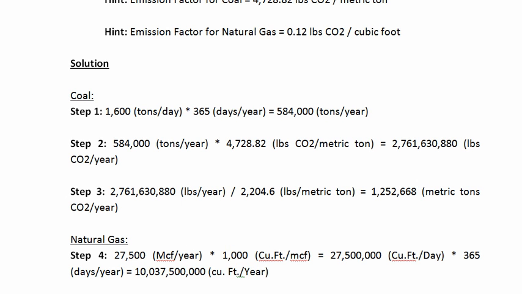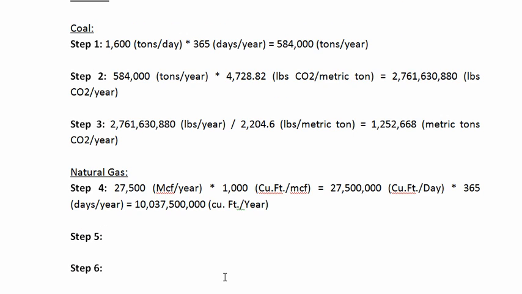Now we know that this power plant consumes just over 10 billion cubic feet of natural gas each year, so all that's left to do in order to calculate emissions is to multiply by our emission factor, which we know is 0.12 pounds of carbon dioxide per cubic foot of natural gas. So let's go ahead and do that.